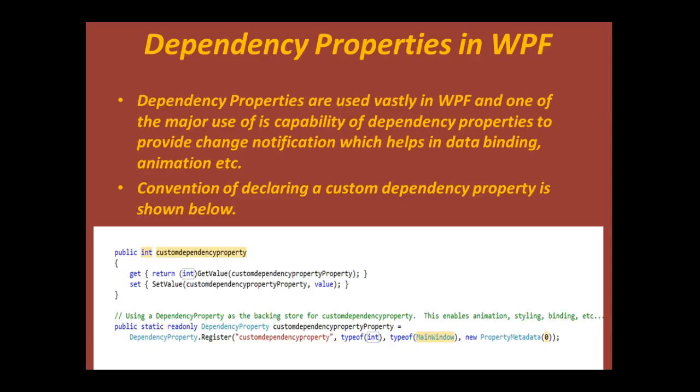Now dependency properties are used vastly in WPF, and one of the major uses is the capability of dependency properties to provide change notification, which helps in data binding, animation, etc. Now this is also a very important point: the change notification functionality is the major constituent of dependency properties, which enables them to take part in data binding, animation, styling, triggers, etc. Let me show you an example of triggers and explain what I mean by this.